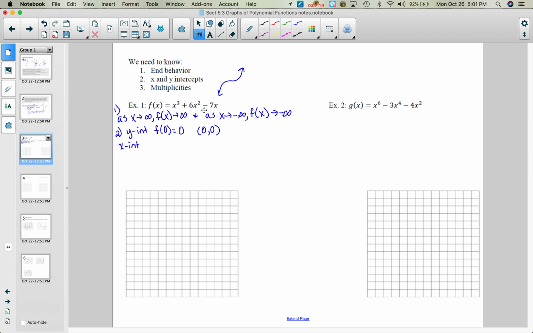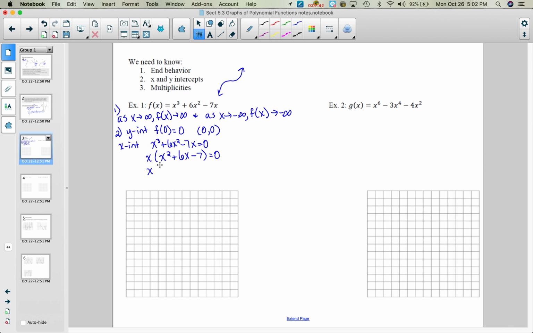So I want to set this equal to 0. Let's start by saying x cubed plus 6x squared minus 7x equals 0. Always start with GCF factoring first, so I get x times (x squared plus 6x minus 7) equals 0.